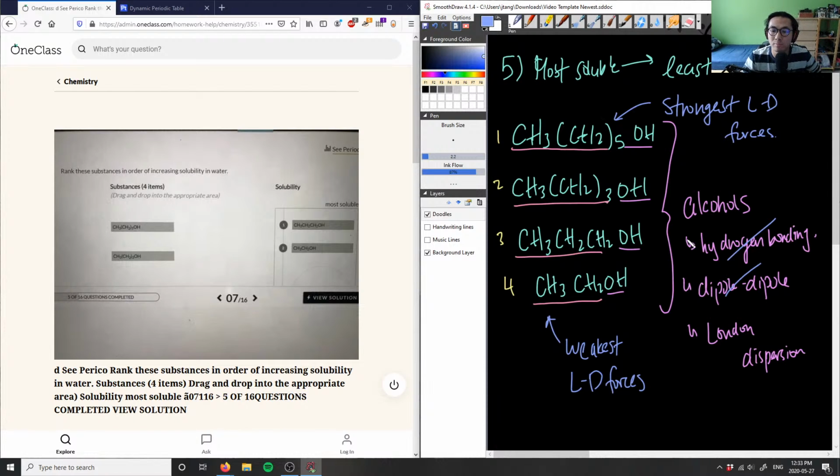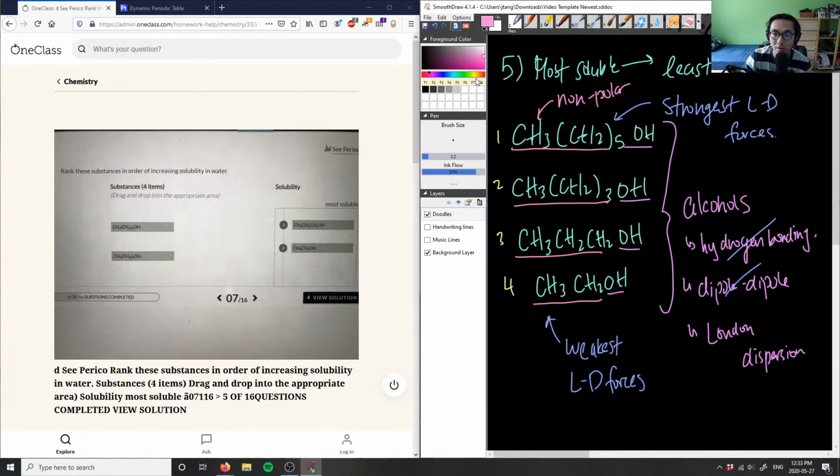Because this one has the weakest LD forces and that one has the strongest, that one is particularly more hydrophobic, because alkane chains are non-polar. The hydroxyl end is obviously the polar end, and that's the part that's soluble.